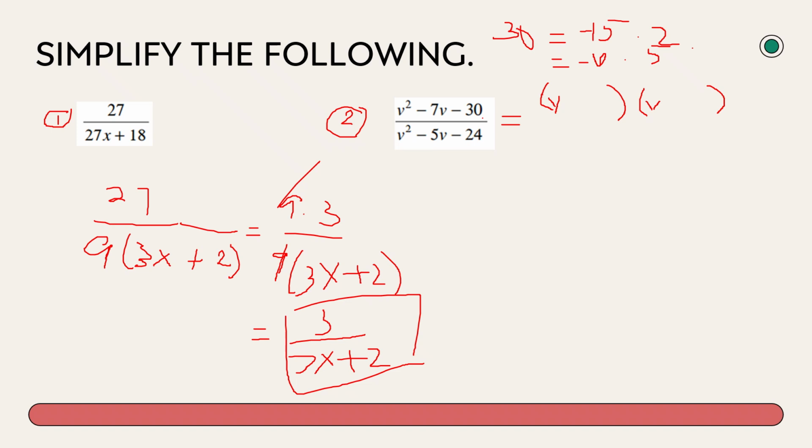These cannot be factors of 30. 30 and 1 is also not possible, right? Because 30 minus 1 is 29, not 7, so big.